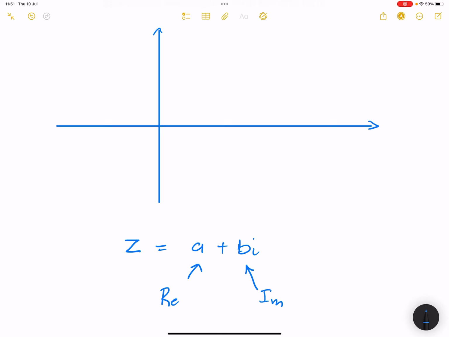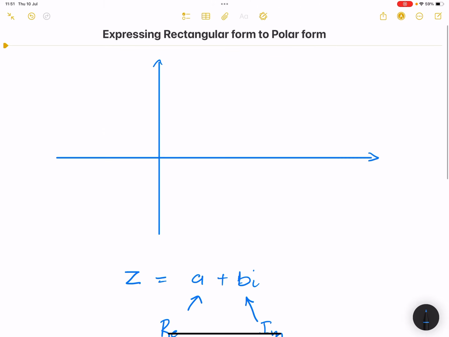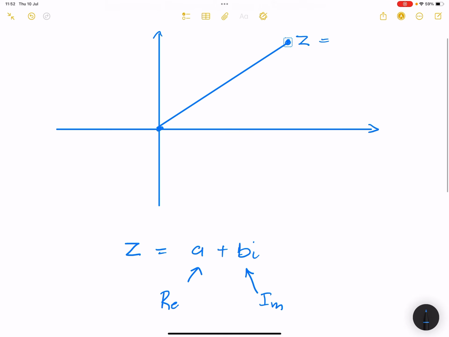Now what we said is that we can express this in the form of a graph. So let's say there is our Z over there. These are the real axes and these are the imaginary axes.